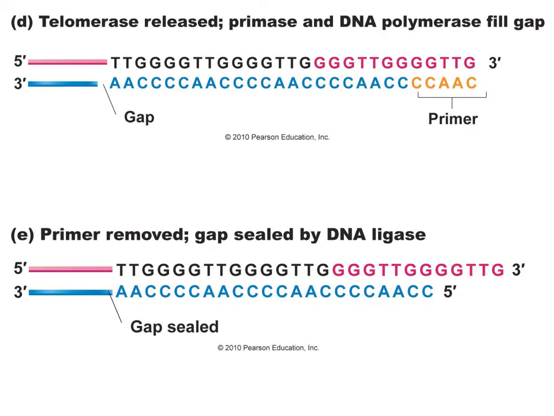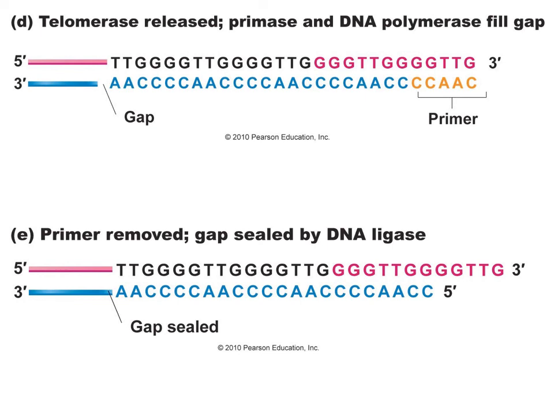So telomerase, once it's released, primase comes in, puts in this new primer, and we synthesize DNA, so you can see the new DNA that's been put in there. This gap is sealed. You'll remember what seals that gap. That's the ligase. So DNA polymerase fills in the gap, ligase seals the gap.